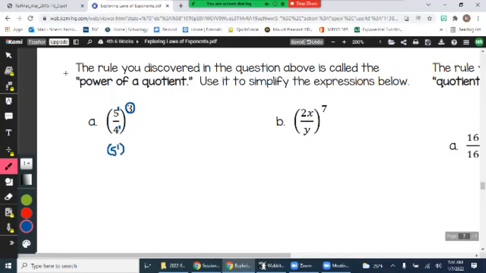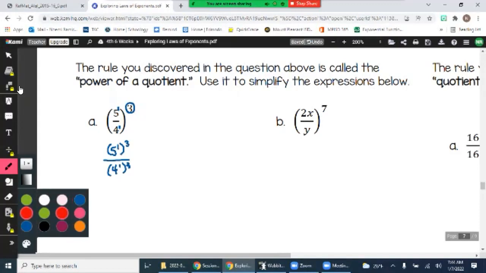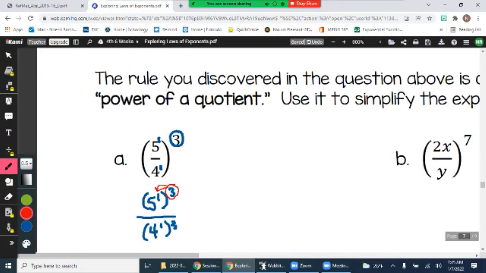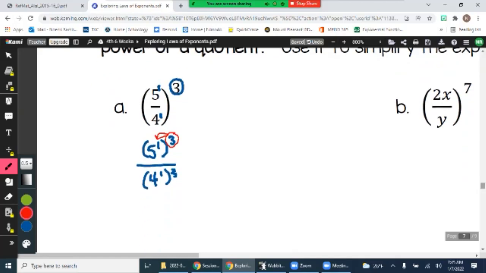So 5 to the power of 1 is on top, and 4 to the power of 1 on the bottom, but they both have that exponent of 3. So we grab that 3 and we're going to distribute it.